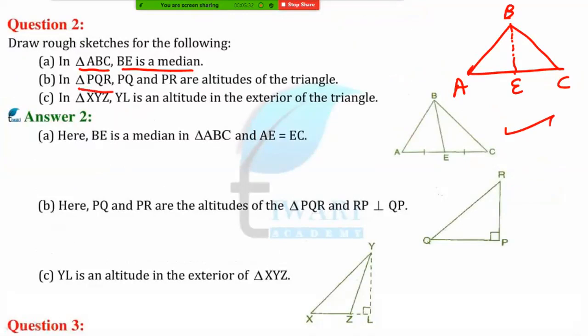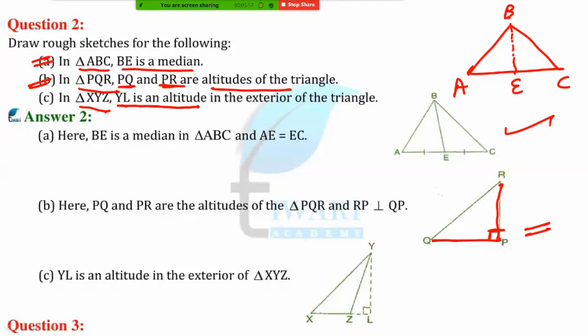Second is in triangle PQR, PQ and PR are the altitude. It means PQ and PR are forming angle 90° with the triangle. So this is your PQ and this is your PR. Both are forming 90° angle. So this is the rough sketch for this triangle PQR. Next is in XYZ triangle, YL is an altitude.